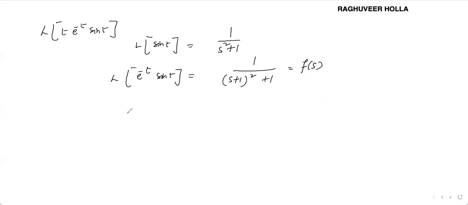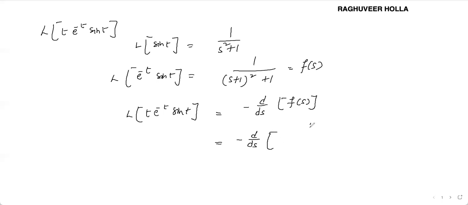We have Laplace transform of t e to the power of minus t sine t, which is equal to minus d by ds of f of s. So which is minus d by ds of 1 by s plus 1 whole square plus 1.